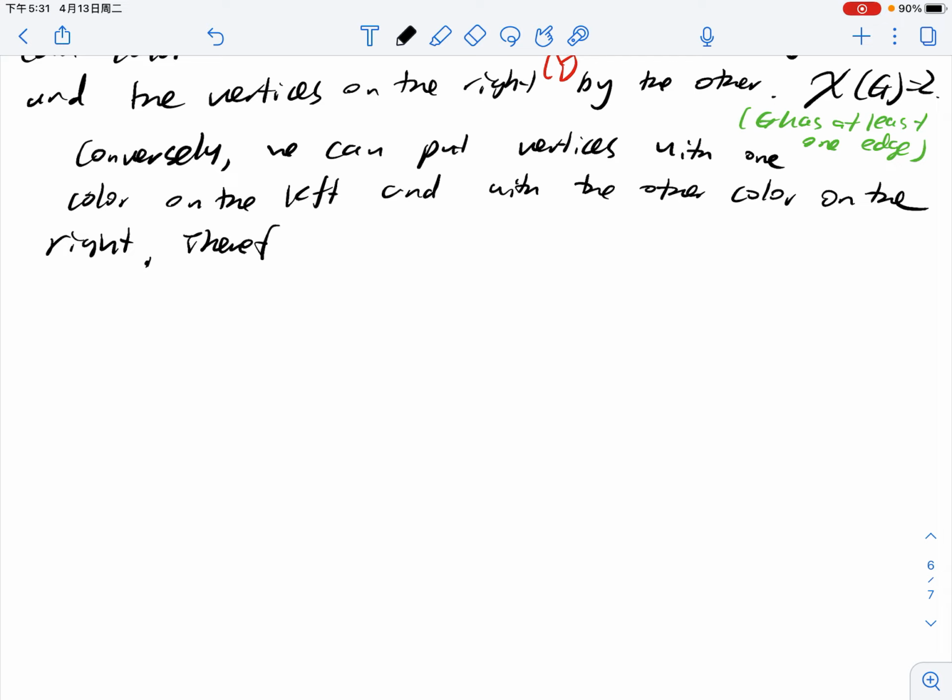Therefore, G is bipartite. Because of the definition, if we have a 2-coloring, then we have a partition of the graph into two parts, and each induced subgraph is a null graph. So this is just what we need in the definition of bipartite.